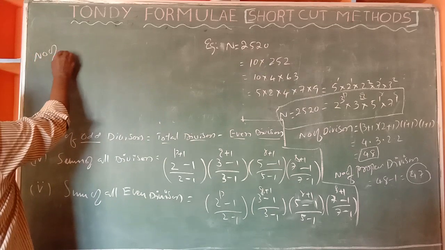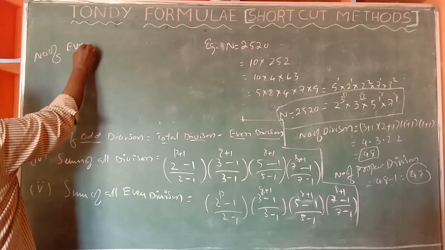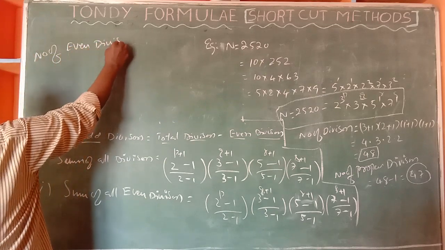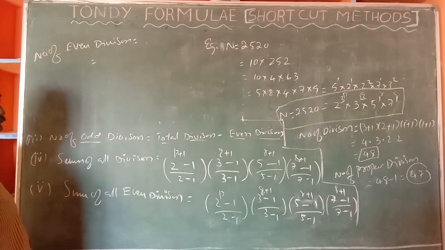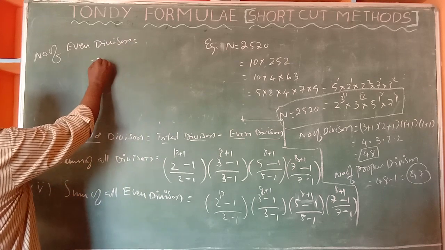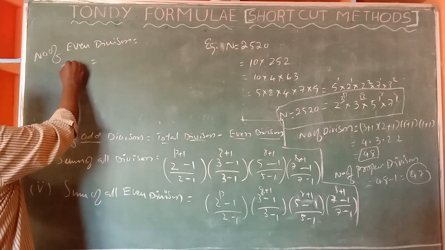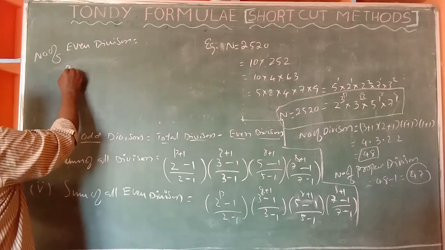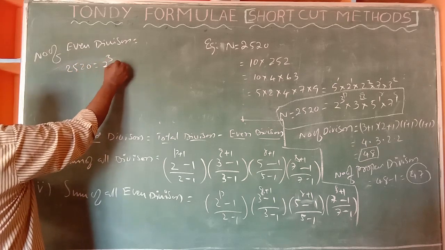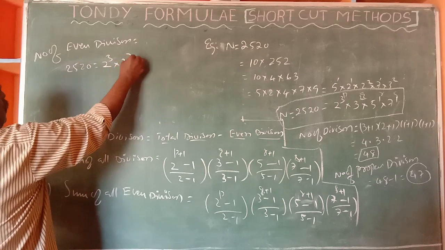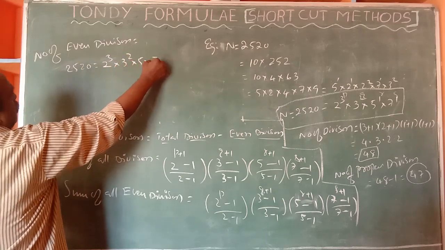The number of even divisors. Number of even divisors means you exclude 2. Where 2520 can be written as 2 cube and 3 square into 5 into 7.